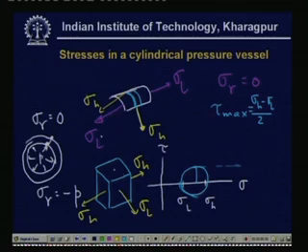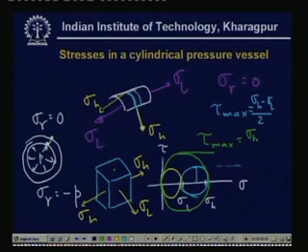So, if you consider the 3-dimensional case, then you get three such Mohr circles. One is here, there is another circle, and the maximum shear stress tau max is not sigma h minus sigma L by 2, but it is sigma h divided by 2, and this occurs in a different plane.